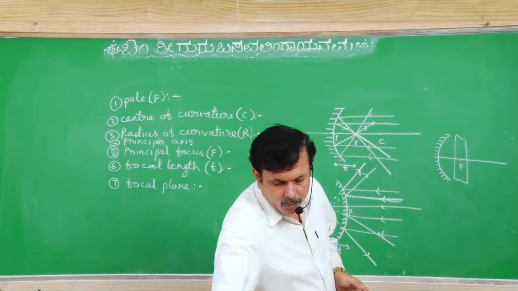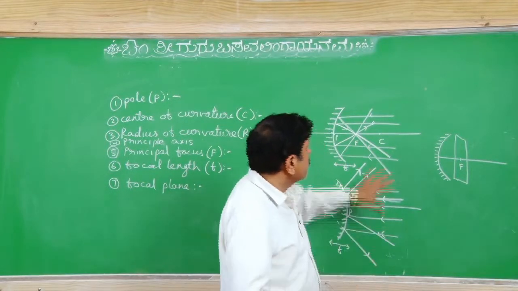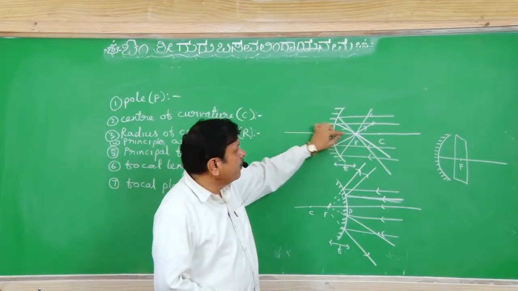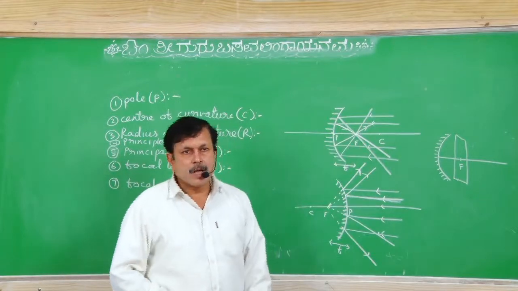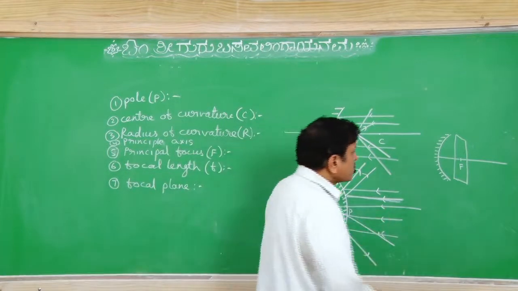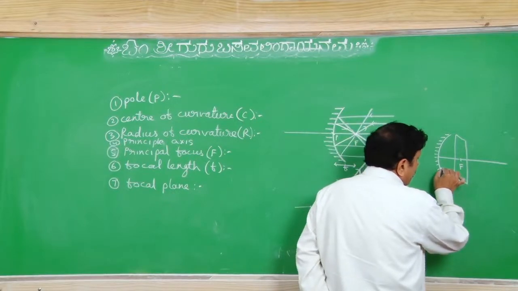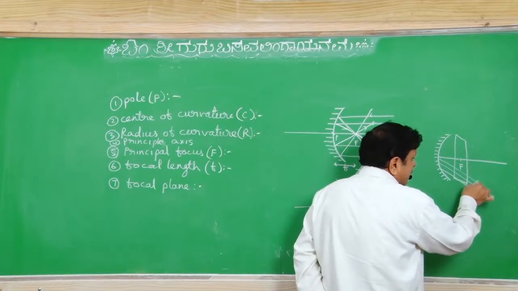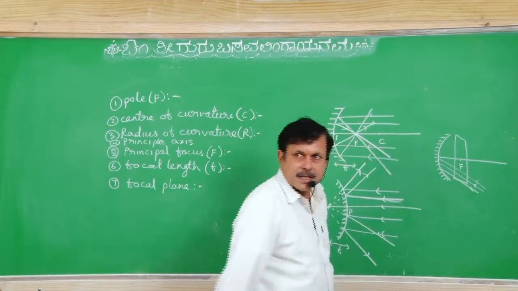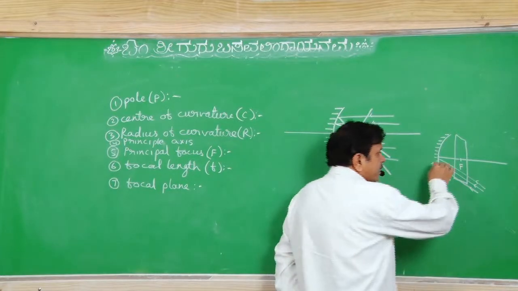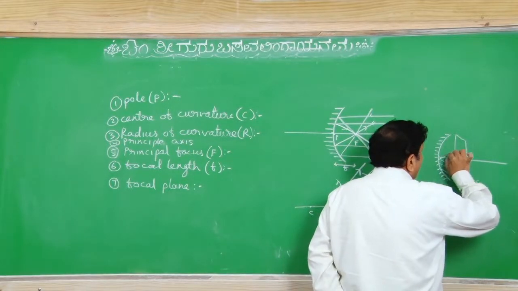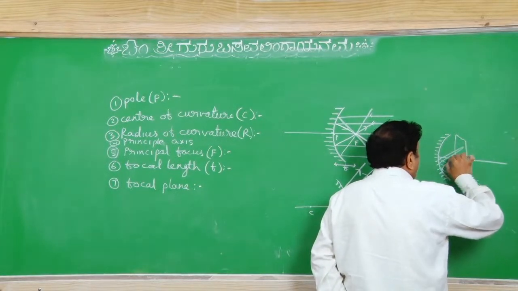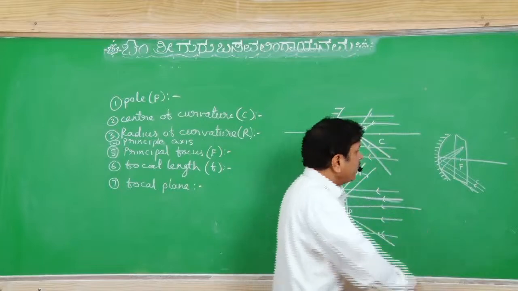Why is it called a focal plane? It is because when a parallel beam of light parallel to the principal axis is incident, it will converge at a point on the principal axis. If suppose rays of light are parallel, but they are not parallel to the principal axis, they are tilted like this. In this case, after passing through, they will meet at one point somewhere here on the plane.